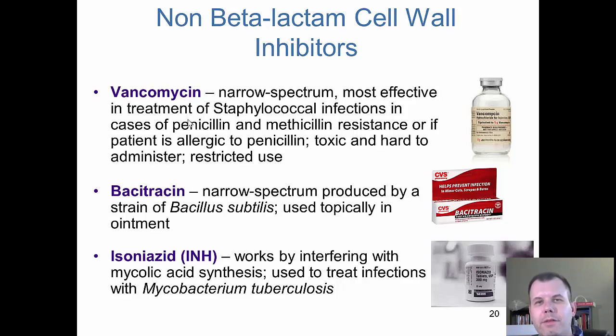The problem is penicillin, ampicillin, those things can't get through that cell wall. Vancomycin can. It still has a solubility that can get through that cell wall and break it open. Unfortunately, most of the other drugs can't, and that's where the problem arises. Okay, and it's hard to administer, so it's not the easiest drug, and we want to save some drugs so that we don't develop resistance to them.